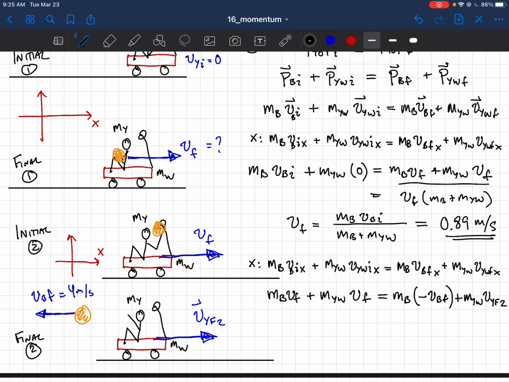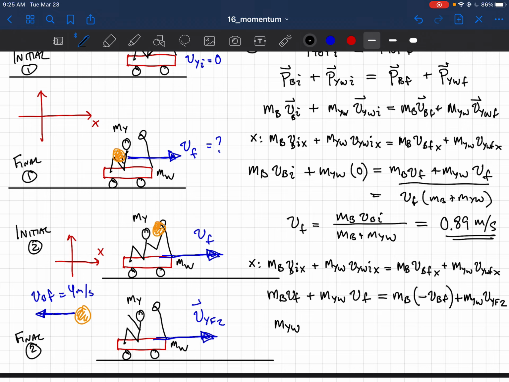Okay, so it's a little bit confusing because I said my initials are my finals, but that's because I'm using, for the initial case of the second problem, the final velocity of the first problem. But I hope you can see that. And now I can solve. So the question is, what is v_u final? And so I can solve for that.